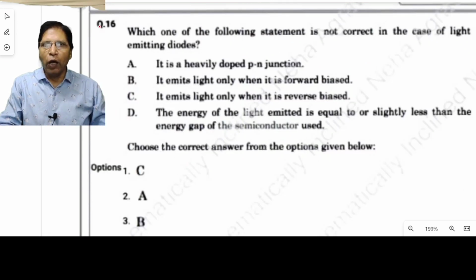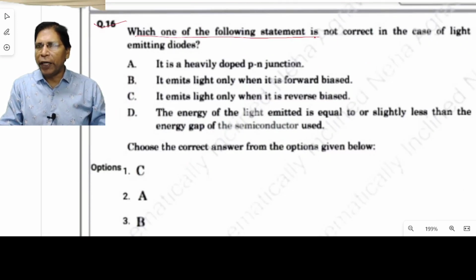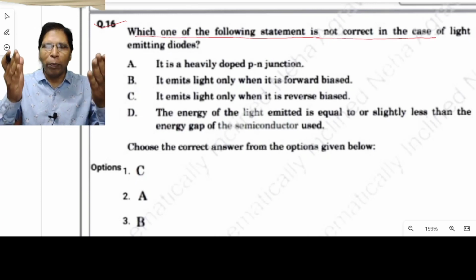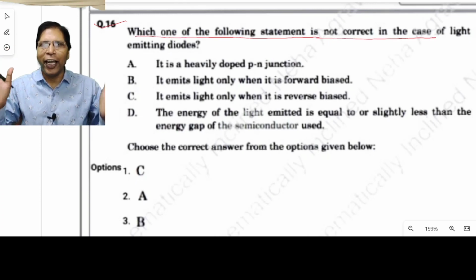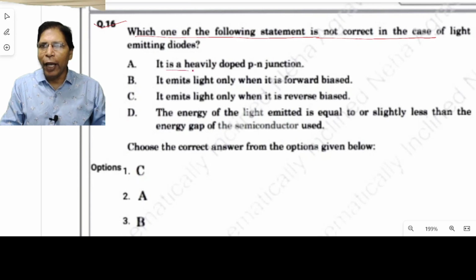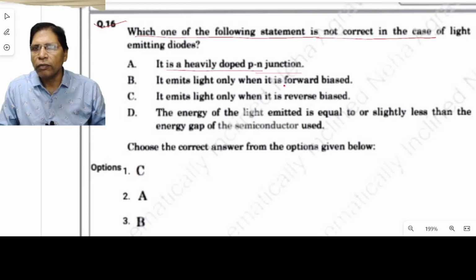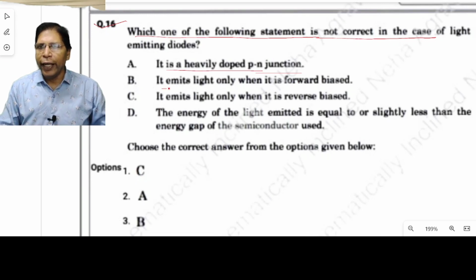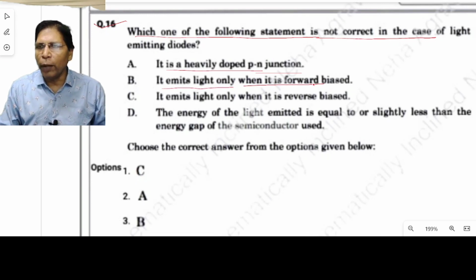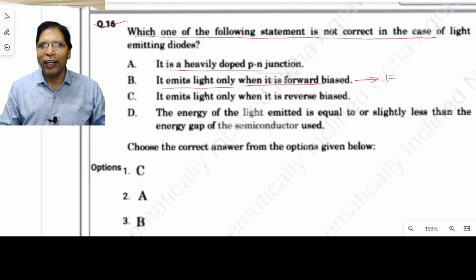Okay. Now question number 16. Which one of the following statements is not correct in case of light emitting diode, LED? It is a heavily doped PN junction diode. It emits light only when forward biased. Yes, it emits light in forward bias. It emits light only when it is reverse bias.